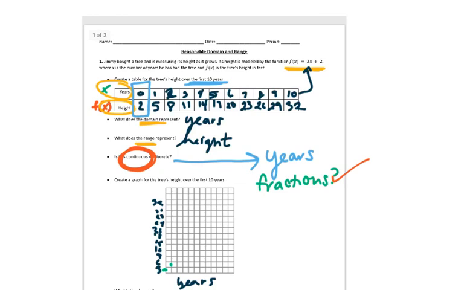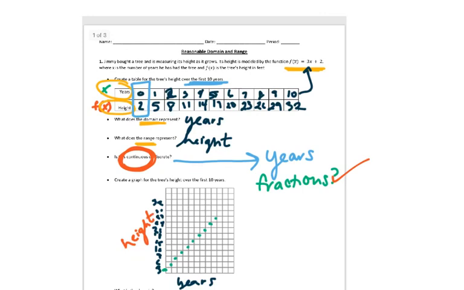Then I have a 2, 8. I'm going to continue through my graph all the way to 10. There we go. So those are my years and this height of the tree. So those were in years, and this is the height.